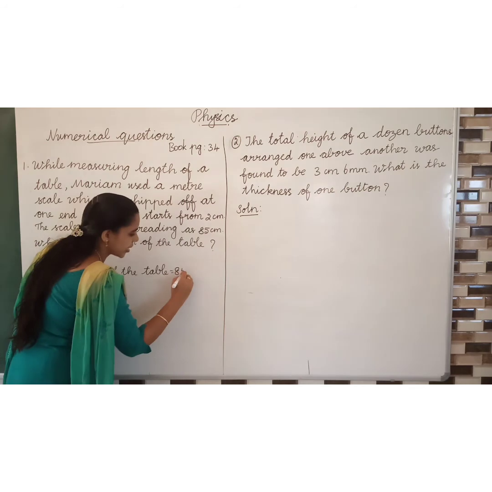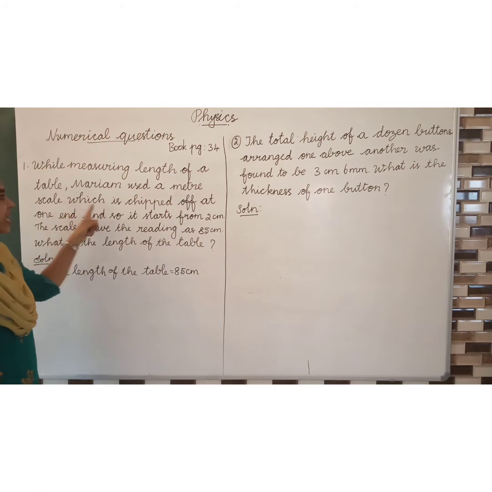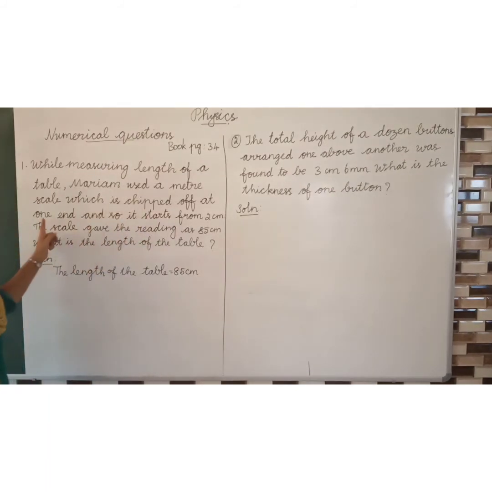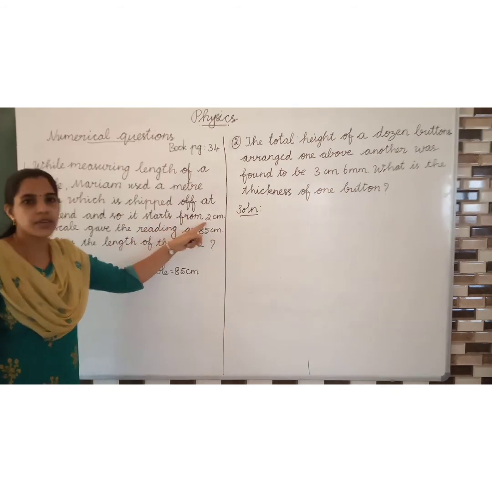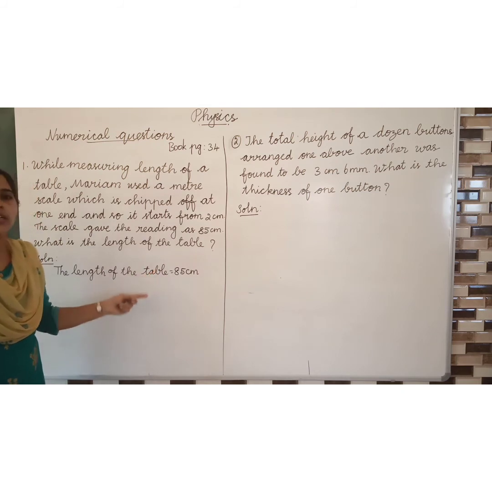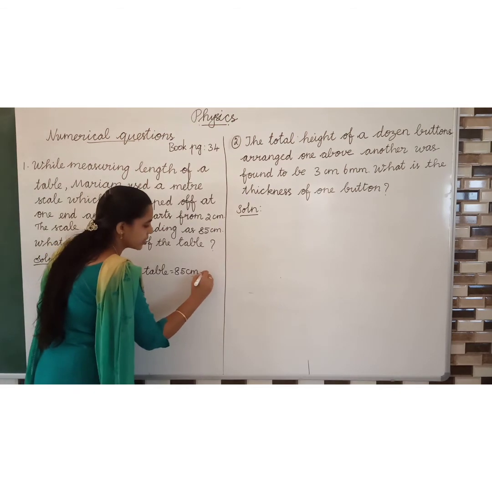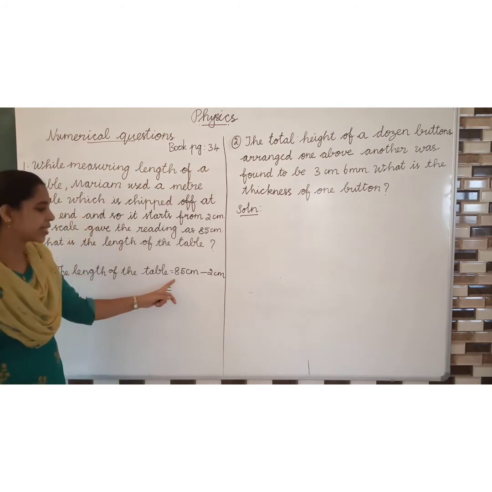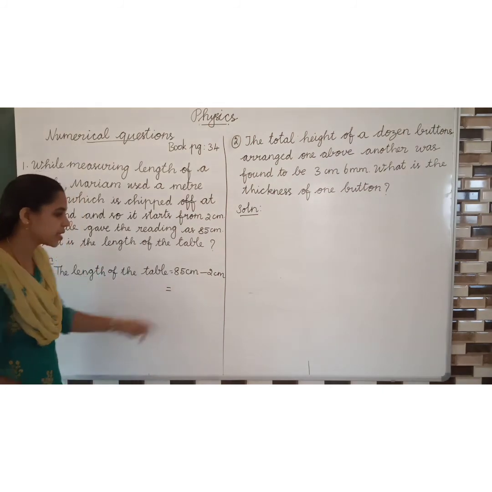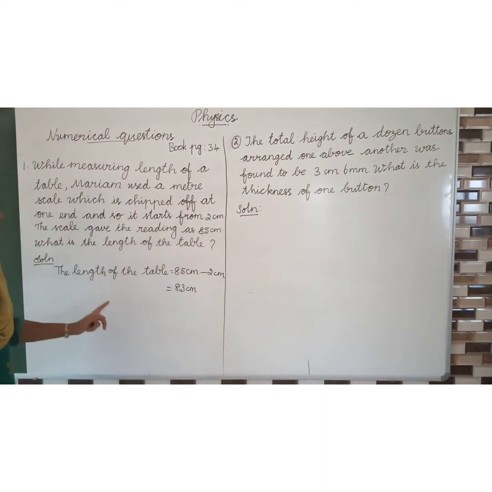So you should write 85 centimeter. The meter scale is chipped off at one end, so it starts from 2 centimeter. The measurements start from 2 centimeter, so you should subtract 2 centimeter from the final reading. 85 centimeter minus 2 centimeter is equal to 83 centimeter. This is the simple question. See, the question is big but the answer is very simple.